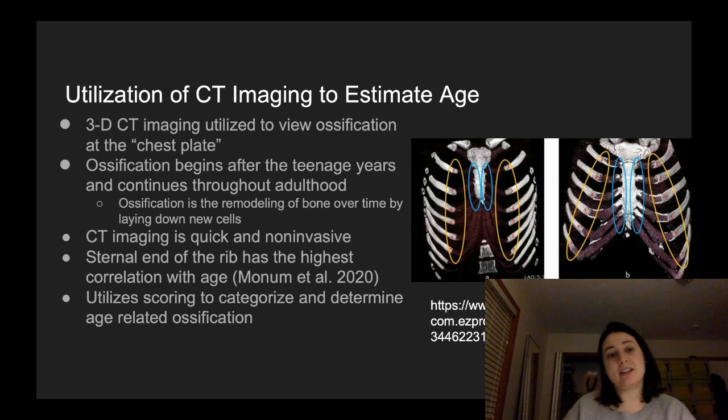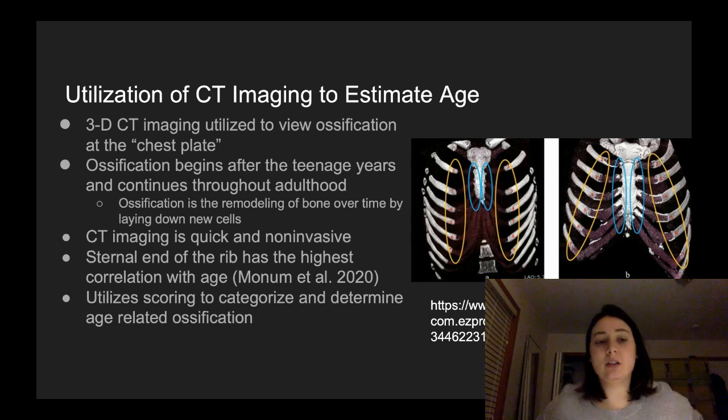Another method for analysis is the utilization of CT imaging to estimate age. This is going to do 3D modeling, and it's really going to focus on the ossification at the chest plate. Ossification does begin at the teenage years, and to understand what ossification is, it really is the remodeling of bone over time.